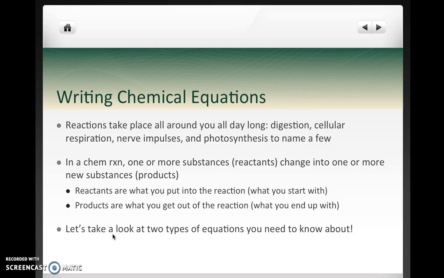All right, so to begin, writing chemical equations. We deal with chemical equations all the time. I've listed a few here in your PowerPoint. Digestion, all the way from beginning to end, you have so many processes taking place. Cellular respiration, which deals with, once we've removed some of that material from the digestive process, then it goes into our cells to allow us to be able to function.